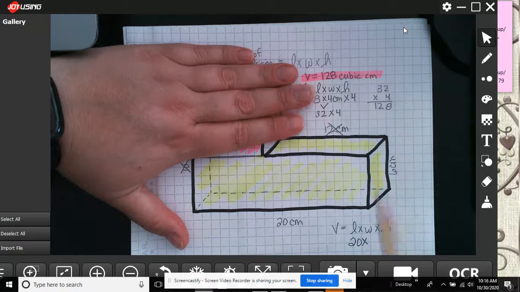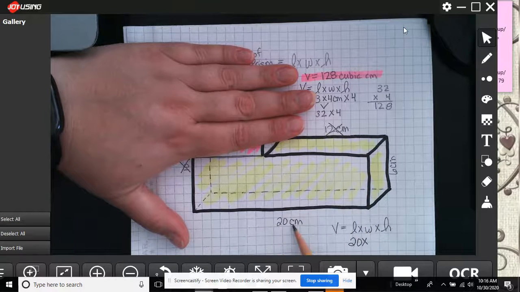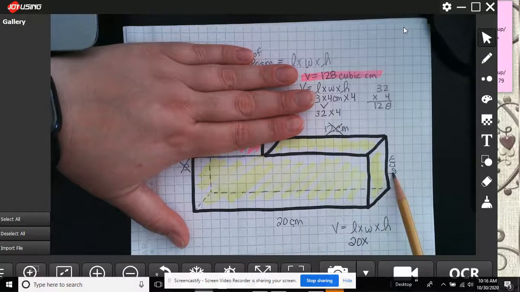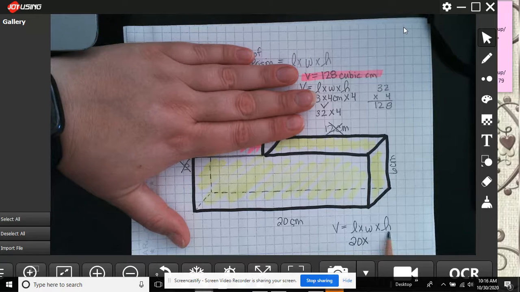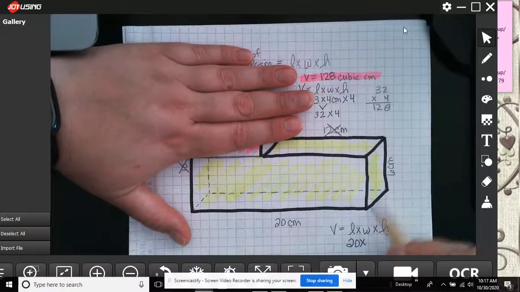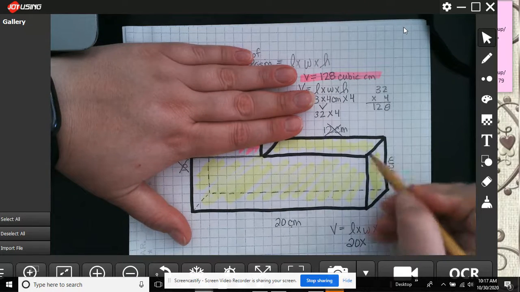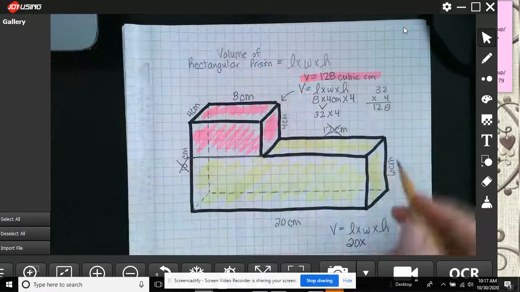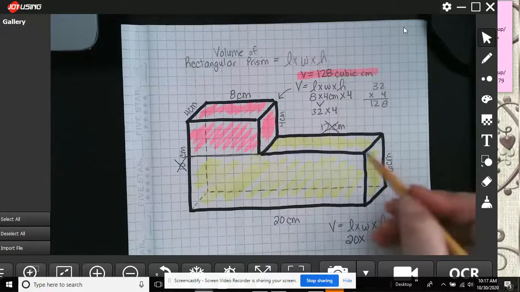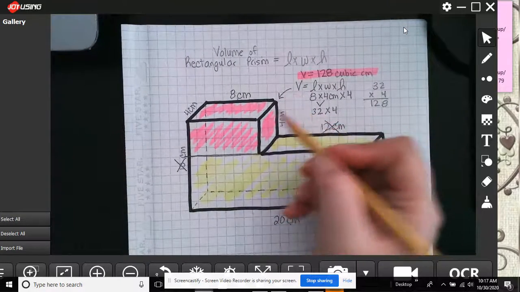Now my width, I don't see anything labeled for my width. I can't just multiply 20 times 12 times 6. I have to find the 3 different dimensions that relate to this rectangular prism. So the width, remember, is this dimension here, the one that's diagonal. And we had to go back. We had to do this for the first problem as well.